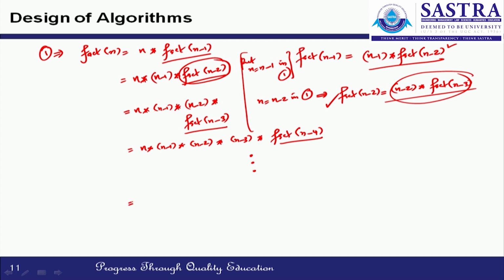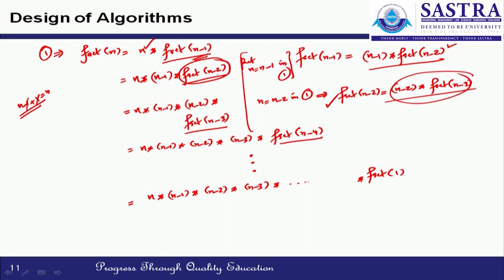We need to terminate the recursion. How to terminate the recursion? n into n minus 1 into n minus 2 into n minus 3, etc., fact of 1. Consider here, fact of n minus 1 means the previous term is n minus 1 plus 1, that is, the previous term is n here.